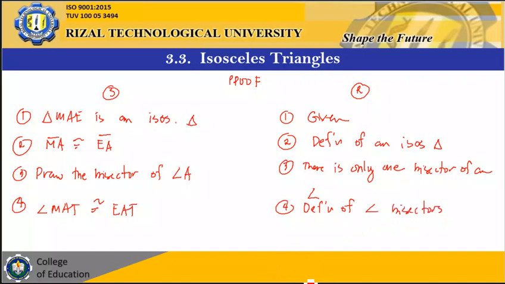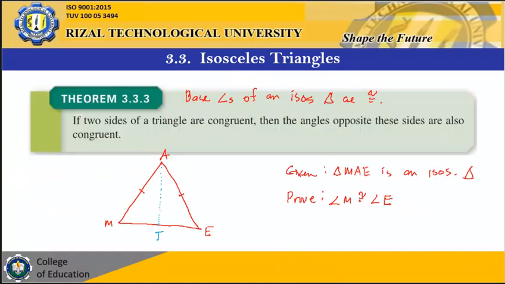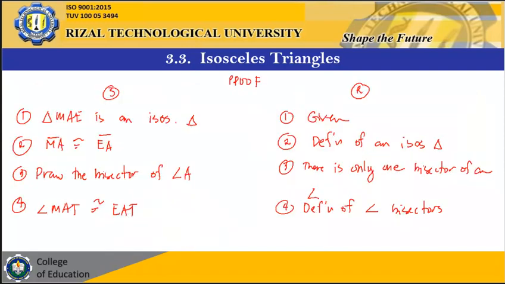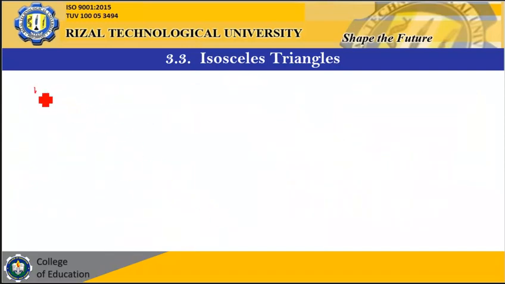Okay? So, this part is congruent to this part already. And just like what we did a while ago in the previous theorem, we can see that segment AT is congruent to itself. And that is because of the reflexive property of congruency. Let's have our number 6.